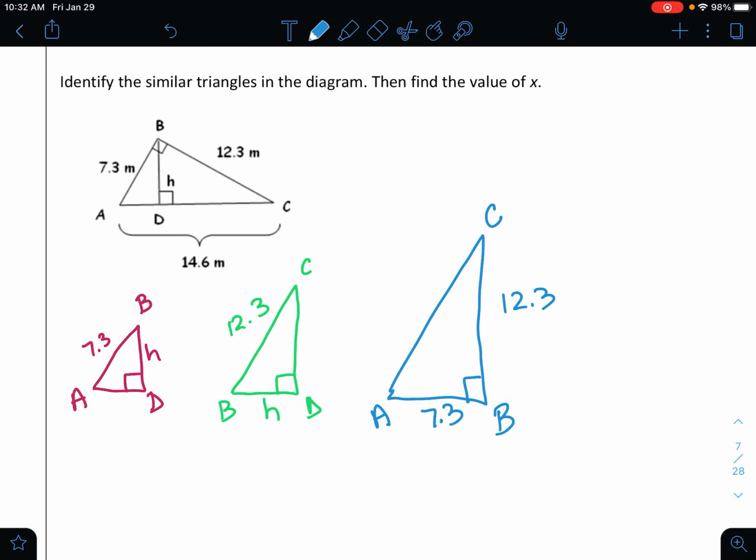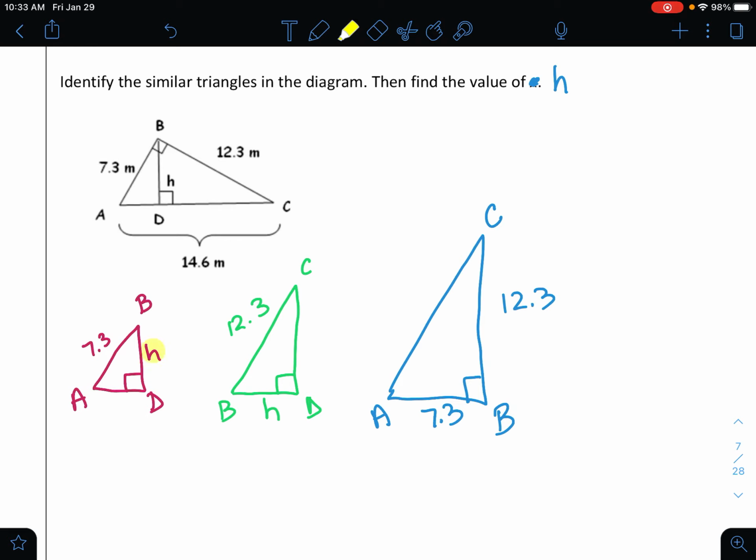Based on our theorem above, all three of these triangles are similar. So I can take any of the three, or really two at a time, so that I can make a proportion and solve for x, or really h. That should say h.